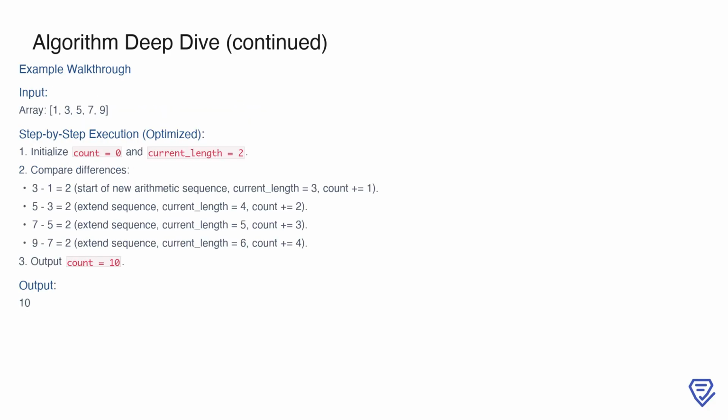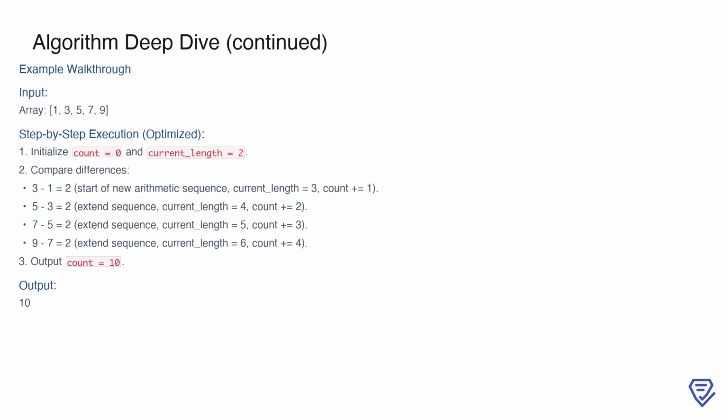Let's walk through an example to see how the optimized approach works. Given the array 1, 3, 5, 7, 9, we start by initializing count to 0 and current_length to 2. Comparing differences between consecutive elements, we find that 3 minus 1 equals 2, marking the start of a new arithmetic sequence. We increment current_length to 3 and add 1 to count.